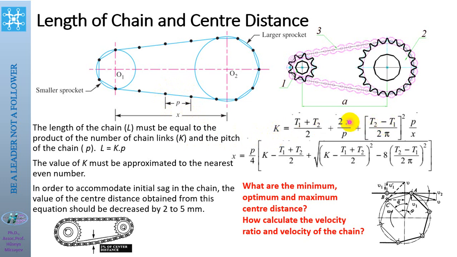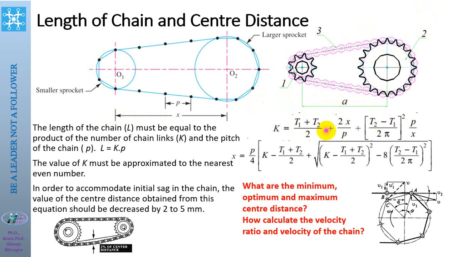In these equations, T1 is the number of teeth on the pinion or smaller sprocket, T2 is the number of teeth on the larger sprocket or driven sprocket, X or A is the center to center distance, and P is the pitch.